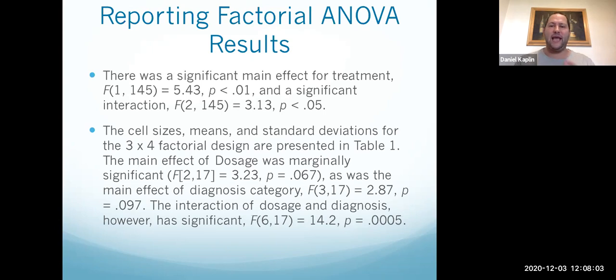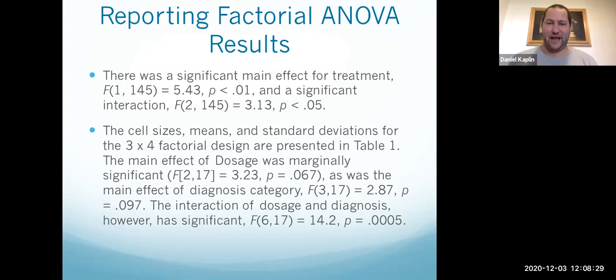Now, what is different about a factorial ANOVA relative to a one-way ANOVA? Well, a one-way ANOVA looks at the impact of a single independent variable, whereas a factorial ANOVA looks at the impact of a single independent variable, but it also looks at the interaction between multiple variables.